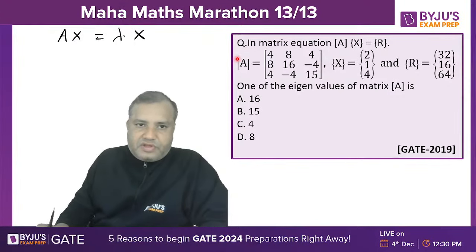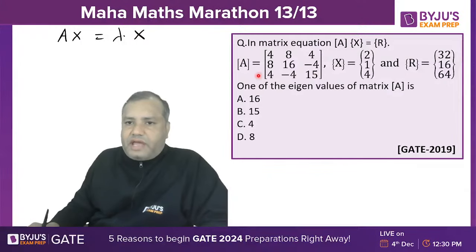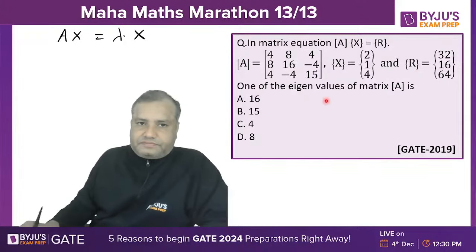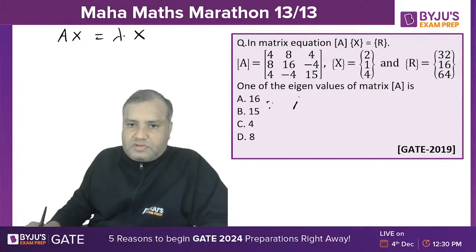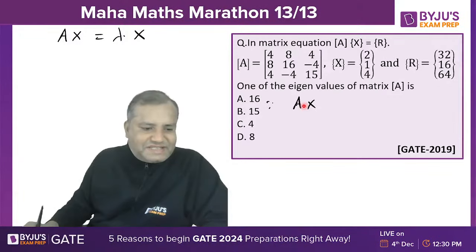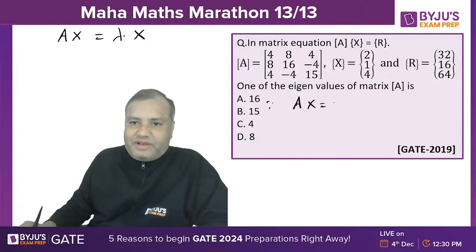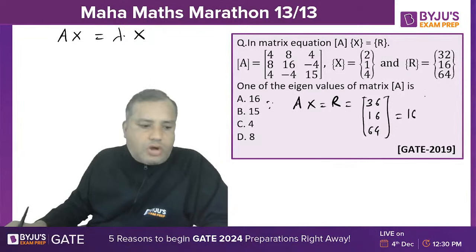Now they have given you ax equal to r. I know that answer is 16. Very good Madhu. Ax equal to r. What is this r? R is 32, 16, 64. So can you take 16 common?